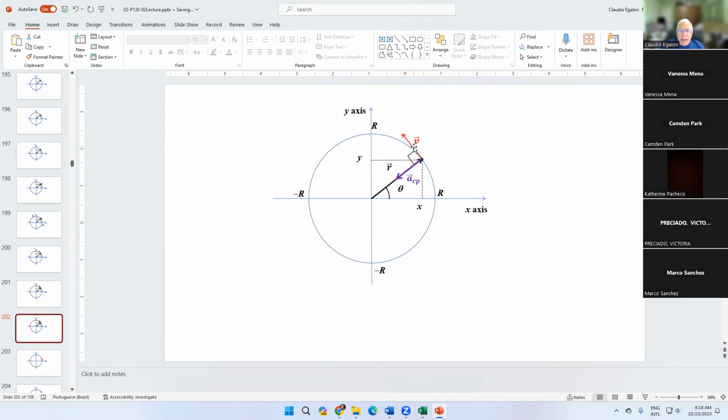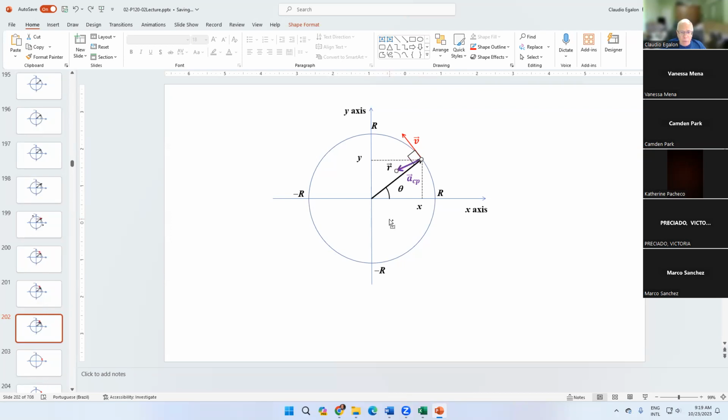Because we have a uniform motion, because the speed of the velocity is constant, there will be no component of the acceleration tangent to the path. If there were a component of the acceleration tangent to the path, this velocity vector would be changing.